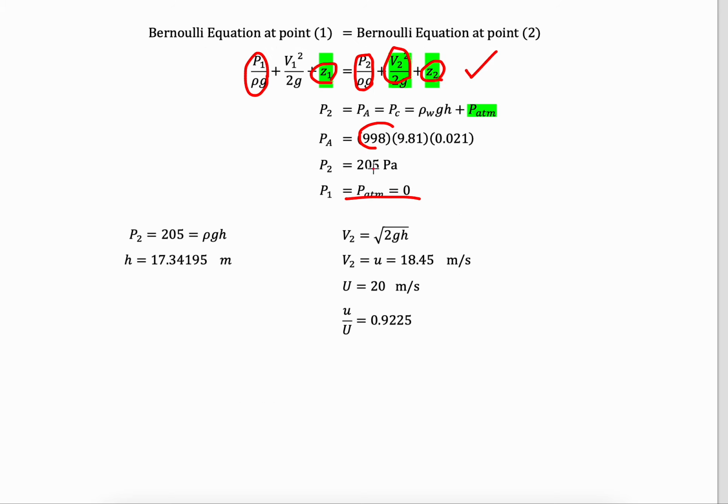So we need to calculate the pressure at that point as rho gh of water. So we use rho as 998, this is the gravity, and this is the height of the manometer head. And then we could calculate the pressure PA, which is equal to the pressure at point 2. So it is equal to 205 Pascal.